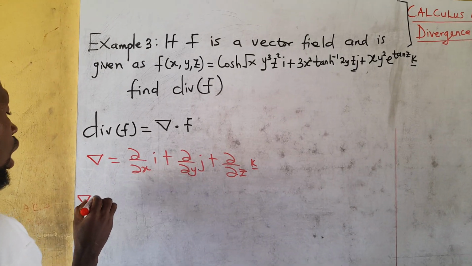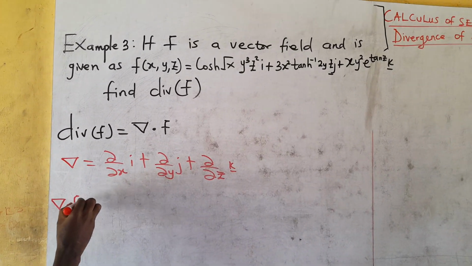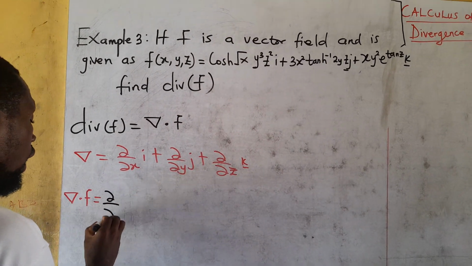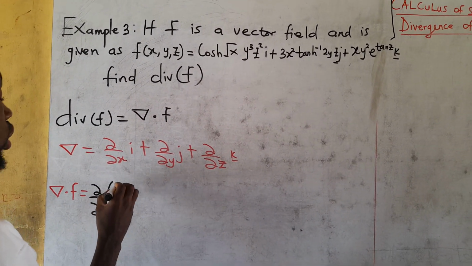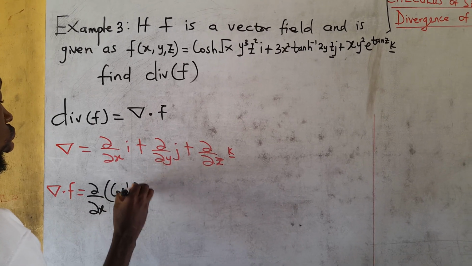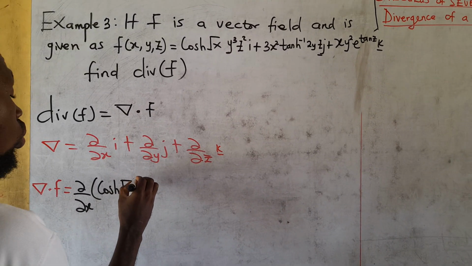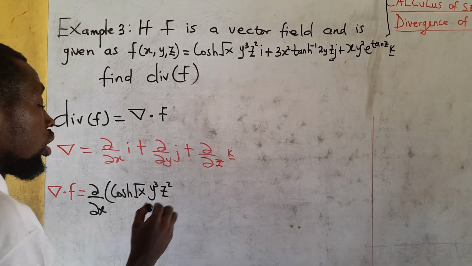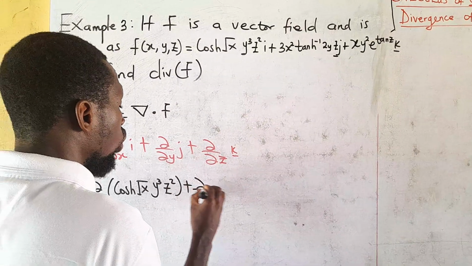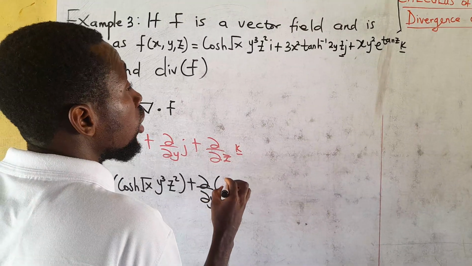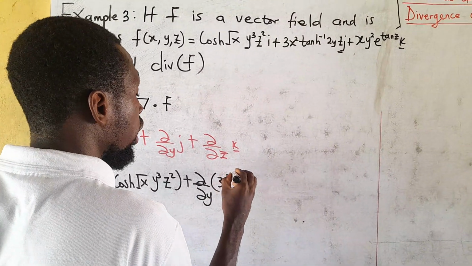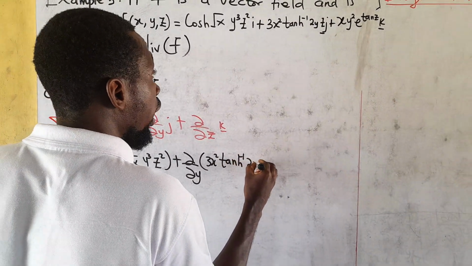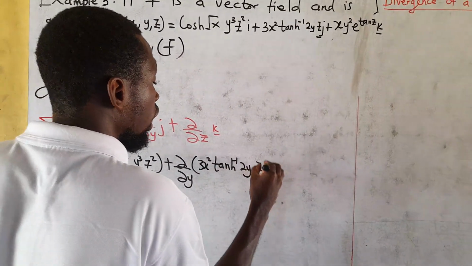So our del dot f will be equal to del over del x of cos root x y cube z square, then plus del over del y of 3x square inverse hyperbolic of 2yz in the j direction.